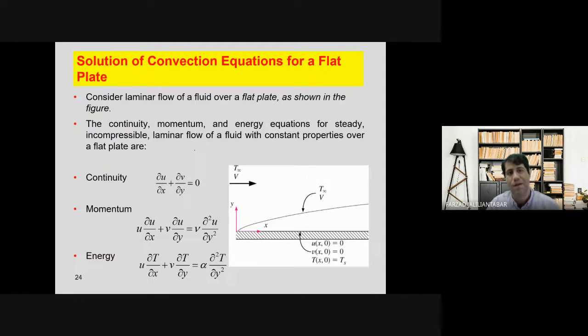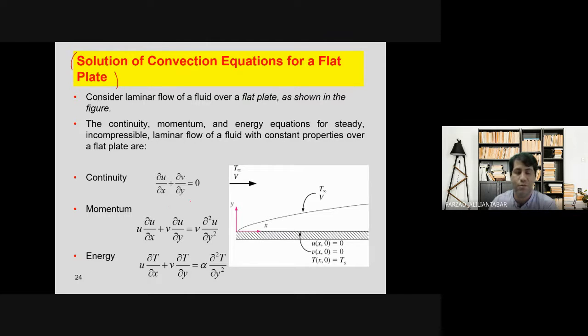Based on that information, let's go and solve the convection equation for a flat plate. The detail of the development of this equation is similar to what we had for conduction. If you remember the differential equation for conduction, we needed to find the differential equation, then use boundary conditions to find the constants in that equation.